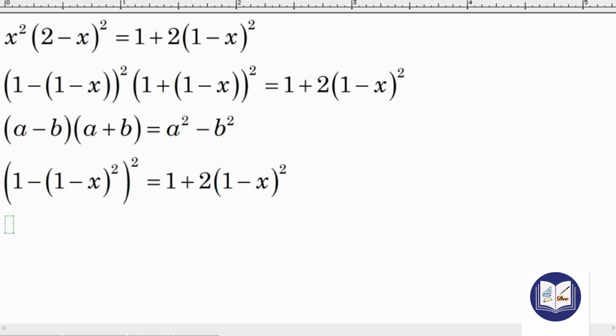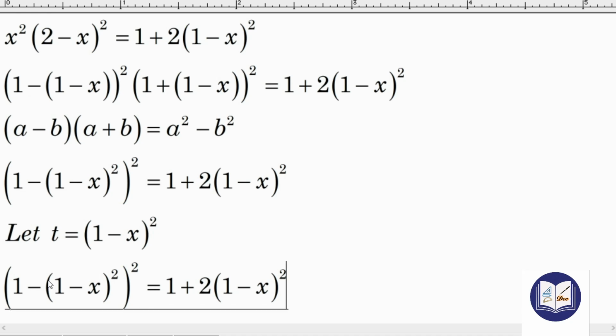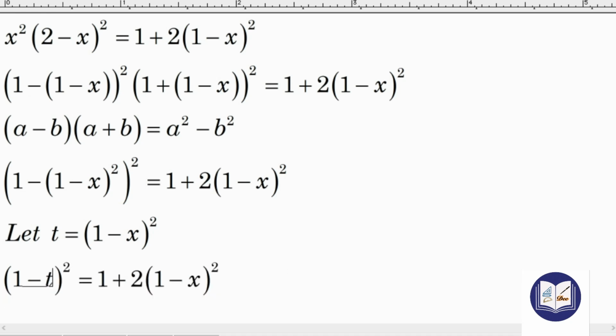So now let t equal (1 minus x) squared. We substitute t into this equation, so here it is equal to t, and here is also equal to t. Now we have a new equation in terms of t, so we have to solve it.